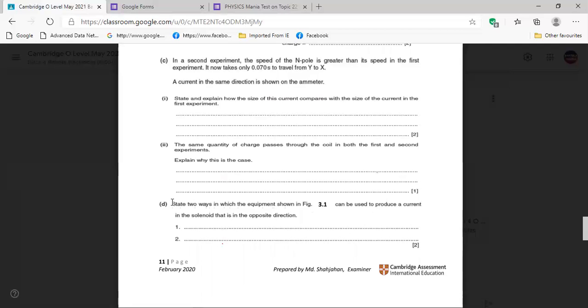Why did this happen? The same quantity of charge, sir, because the speed of the charge increased while the same amount of current was produced.